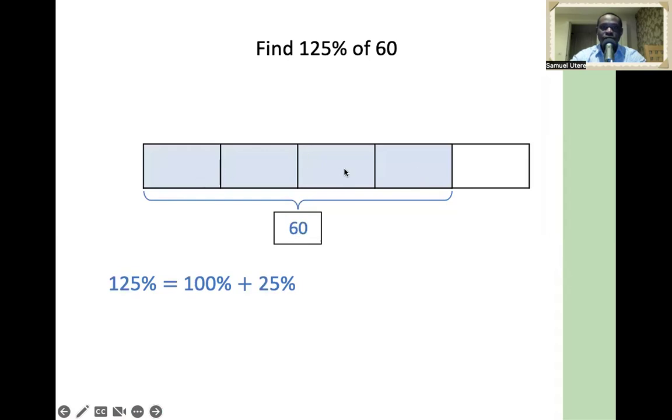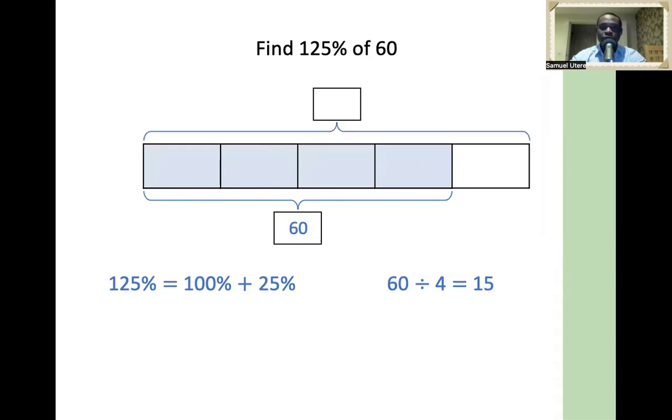Each of these is 25%. To get what each is worth, we do 60 divided by 4, which is 15. Then to get the 5 bars, we do 15 times 5, which is 75.